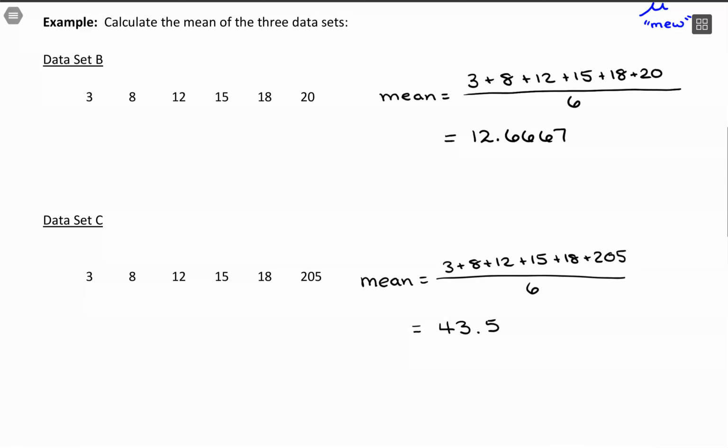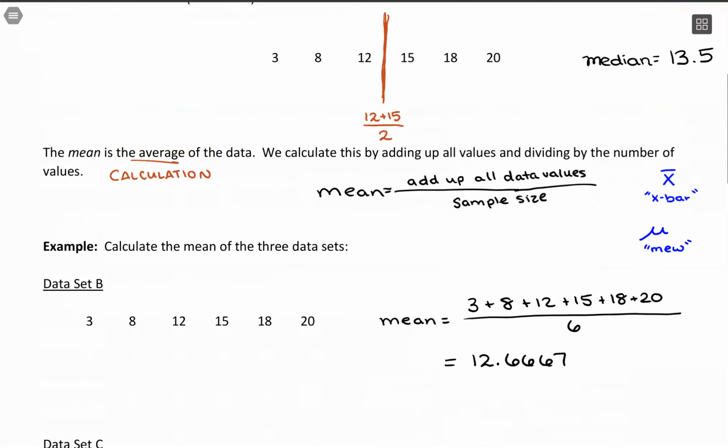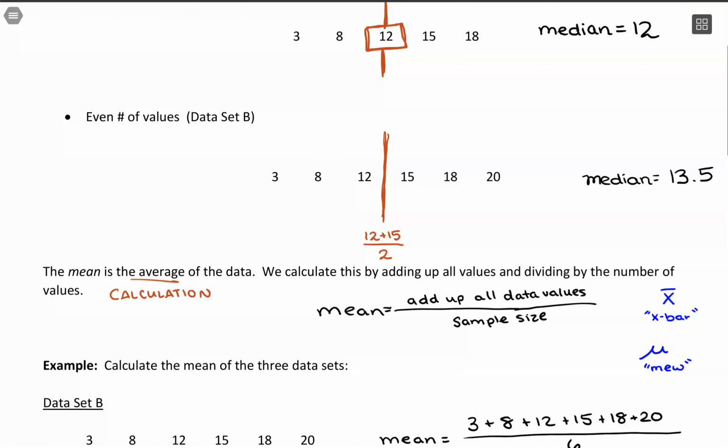What you can see here is there has been a big change. Where we were at about 13 before, now we're at about 44 if we're rounding to whole numbers. So there was this big increase, whereas if we went back to medians and went to data set B, and imagine I had changed that last data value to 205, would the median change? No. In terms of being covered up, that 205 gets covered up just the same as 20 was.